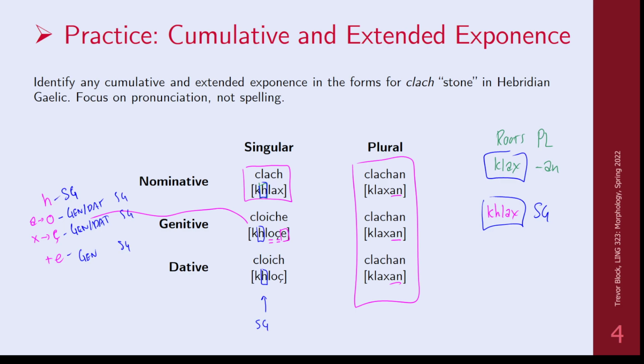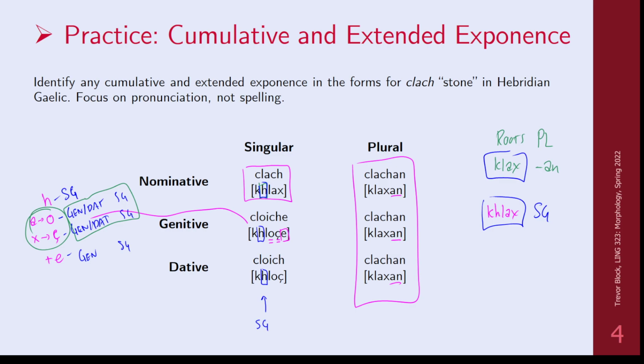So here's what we know. There have to be at least two things in here that correspond to the genitive or the dative. That means there are multiple processes expressing the same inflection. We just don't know exactly which ones, but we can say that the consonant change and the vowel change have to express some genitive dative singularity.